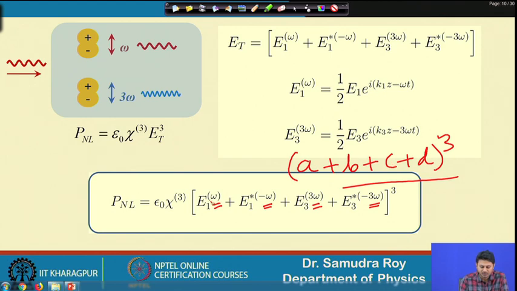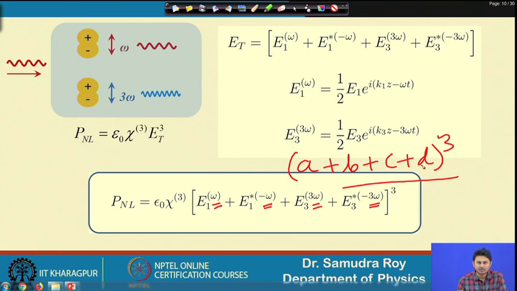One frequency component will be 3 omega, another will be minus 3 omega, another will be 9 omega, and then minus 9 omega and so on. There will be other terms also. If you calculate this (A plus B plus C plus D) whole cube, you will have A cube plus B cube plus C cube plus D cube, plus 3 A square B, plus 3 A square C, plus 3 A square D, plus 3 B square A, 3 B square C, 3 C square D and so on.